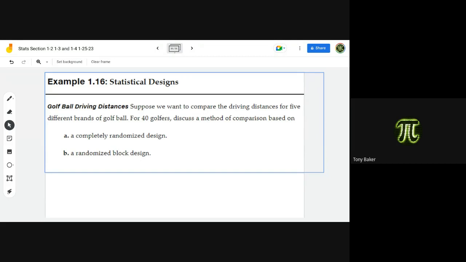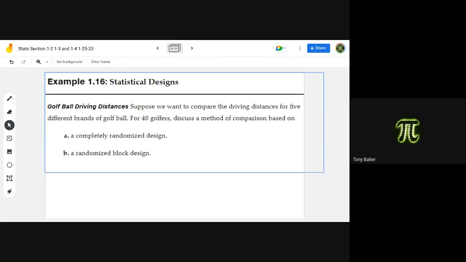So each golfer is going to have to hit all 5 balls. But do you want only one golfer to do it? Think about this as an experiment.